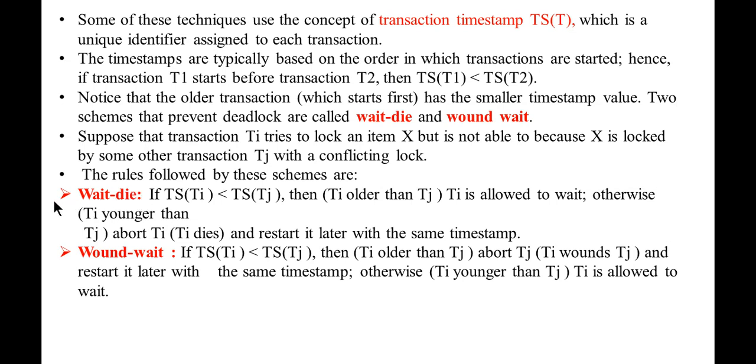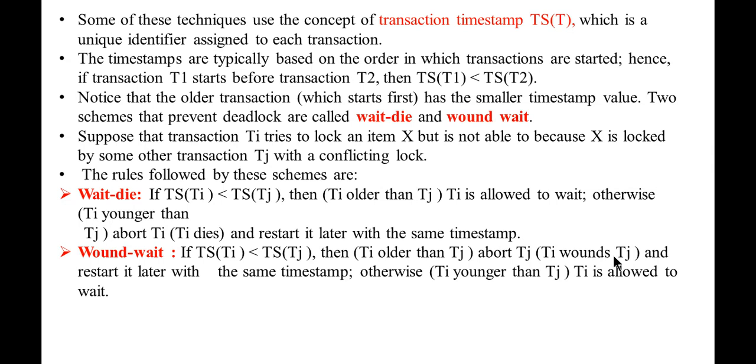Similarly, in the second case, wound-wait, if the requesting transaction is older, that is, it has a lower timestamp value, then it aborts the younger transaction. So it will continue its execution by aborting the younger transaction.